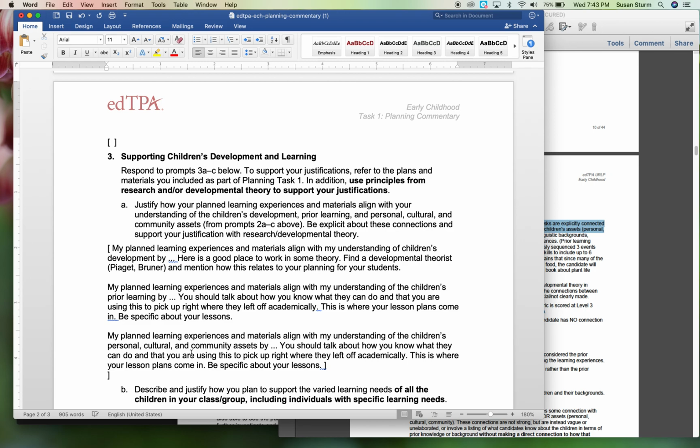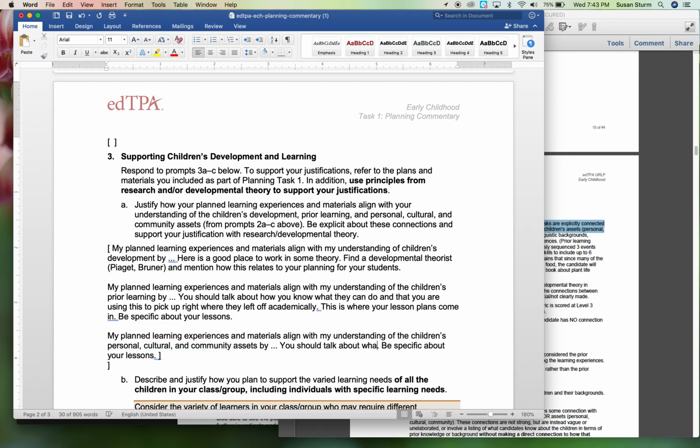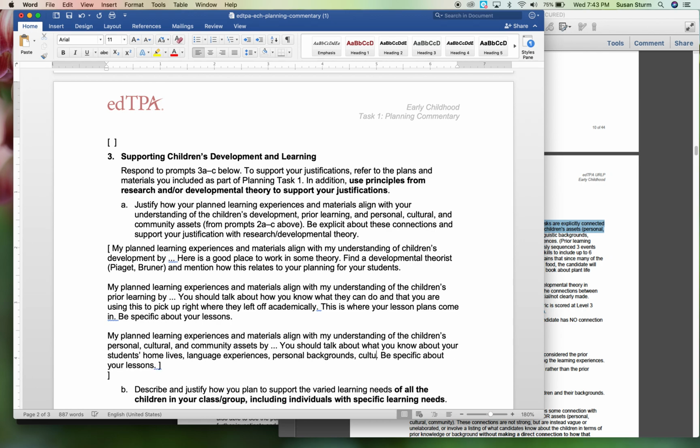So you should talk about what you know about your students' home lives, language experiences, personal backgrounds, cultures, interests, etc. So everything about their backgrounds as it relates to your planning.